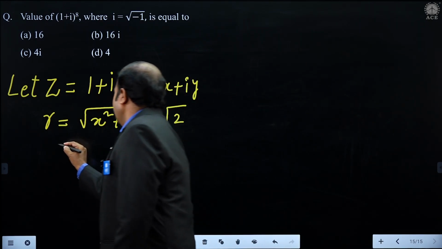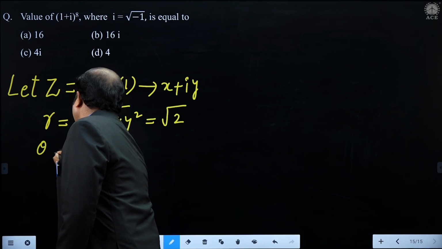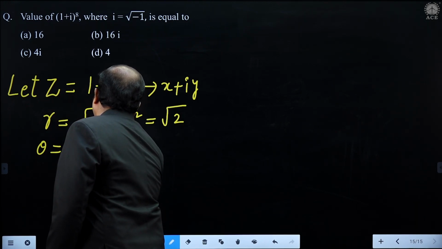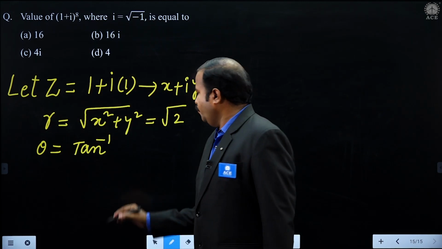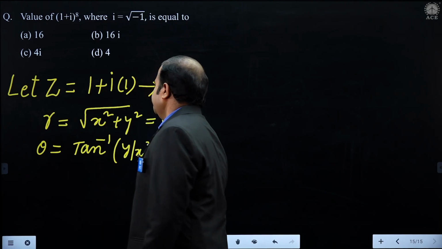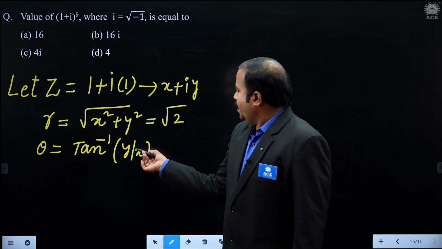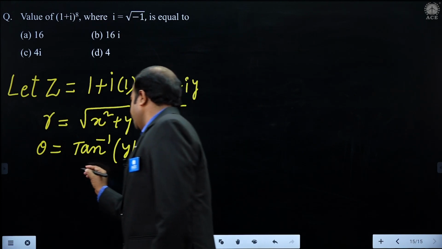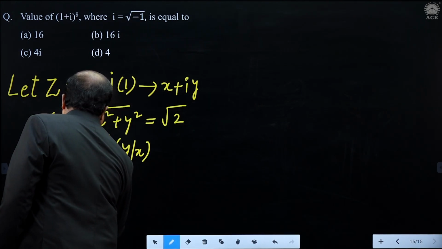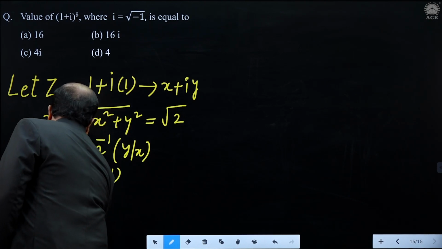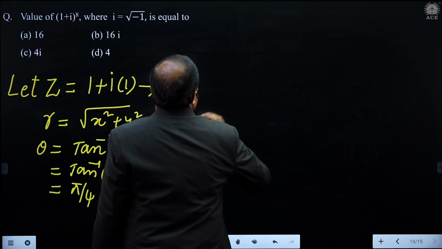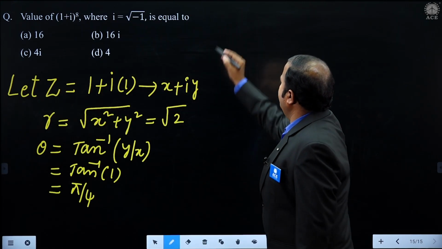Next, theta equal to tan inverse of y by x only. That is, here y value 1, x value 1, that is tan inverse of 1 only. Tan inverse of 1 means how much? That is pi by 4 only. So, what is the polar form of the complex number?